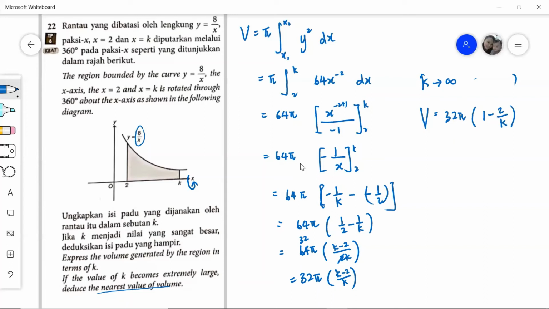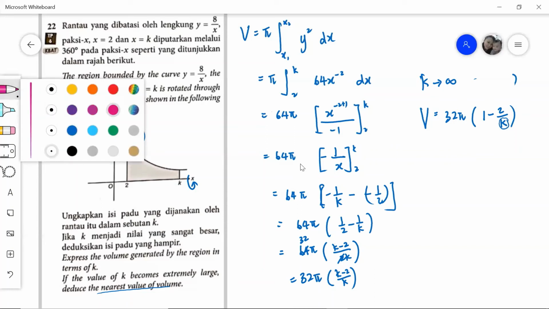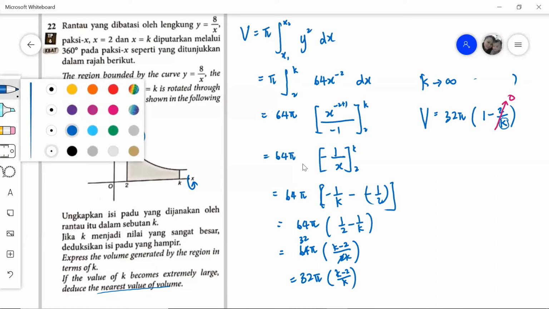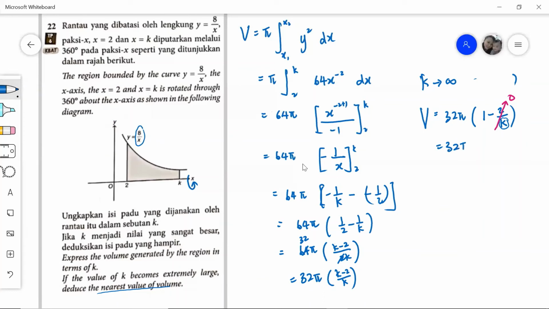So when our denominator is a very huge number, this term is almost near 0. Therefore, our volume will be 32 pi times 1 minus 0. Therefore, 32 pi units cubed. So that is the nearest value of the volume.